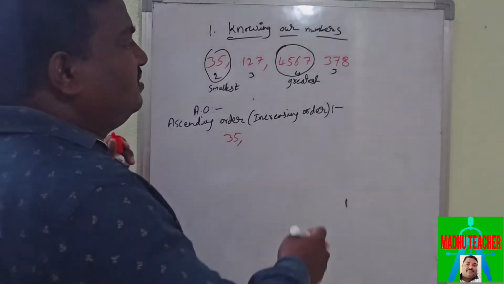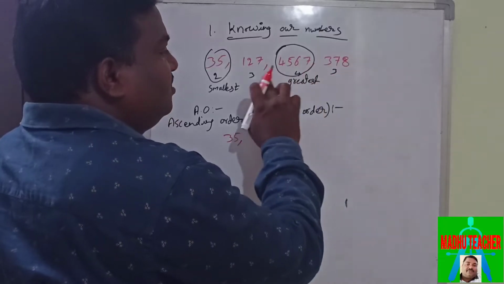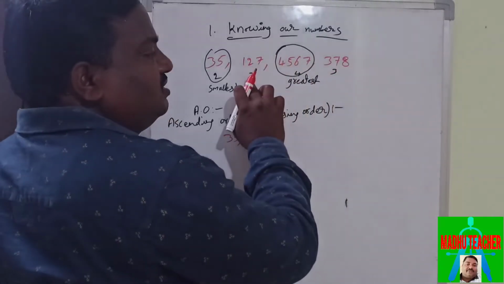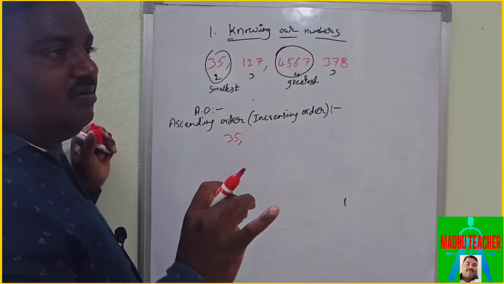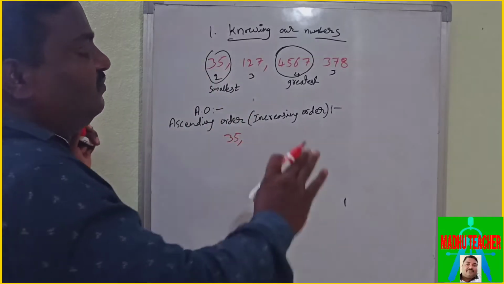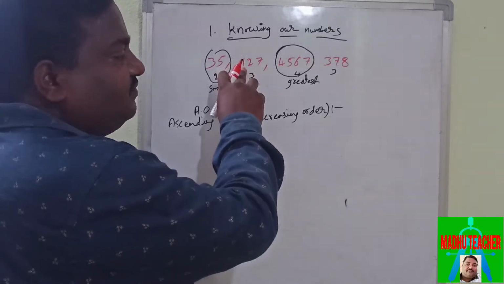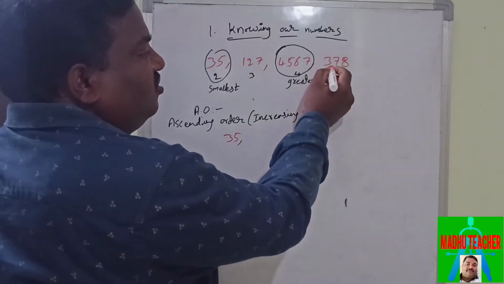Next, these two have 3 digits. If two numbers have the same number of digits, you have to see the first, second, third digit.